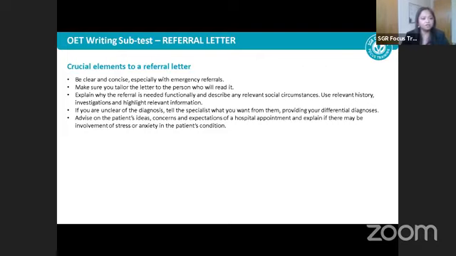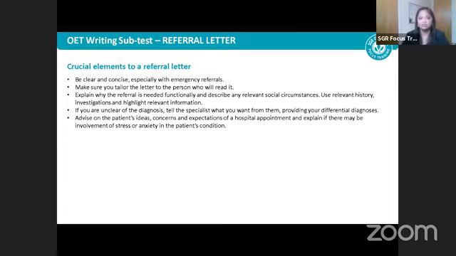And we've got the advice on patients' ideas, concerns, and expectations, especially for a hospital appointment, and explaining if there may be involvement of stress or anxiety in the patient's condition. So if there is an urgent need, okay, that's why you're referring. If the letter of referral has been requested by the patient, then we need to inform that as well.